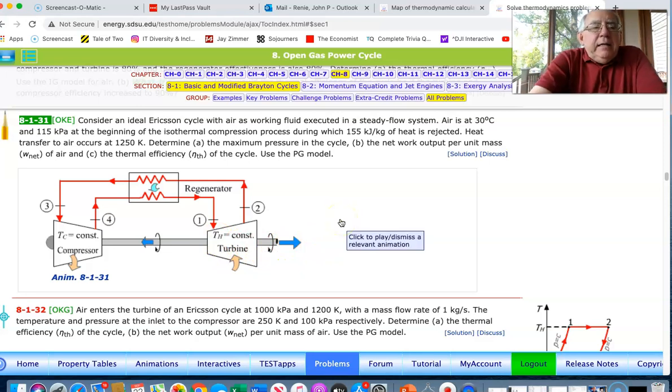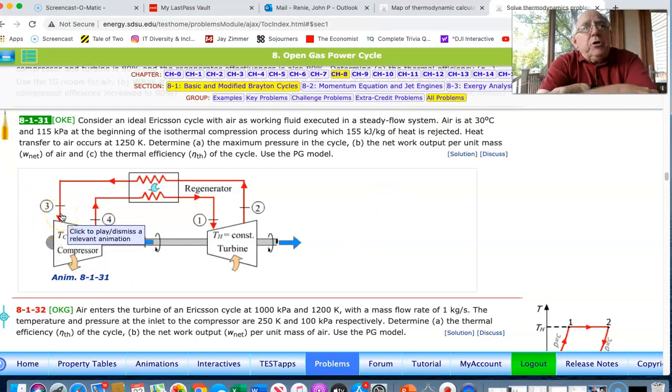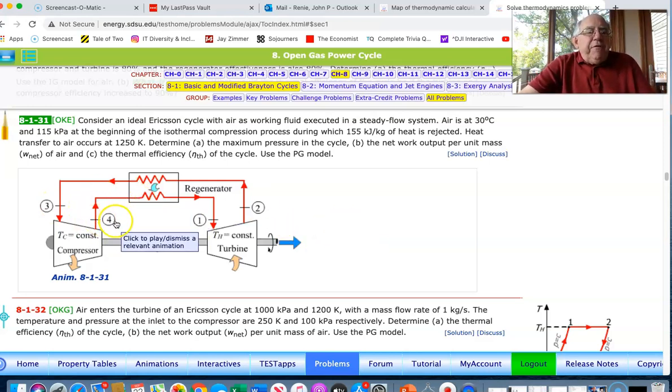The Ericsson cycle assumes a constant temperature compression event, and the heat is rejected at a temperature of 30 degrees Celsius, which happens to be the incoming temperature associated with state 3. The incoming pressure is 115 kPa. And so state 4 is at the same temperature.